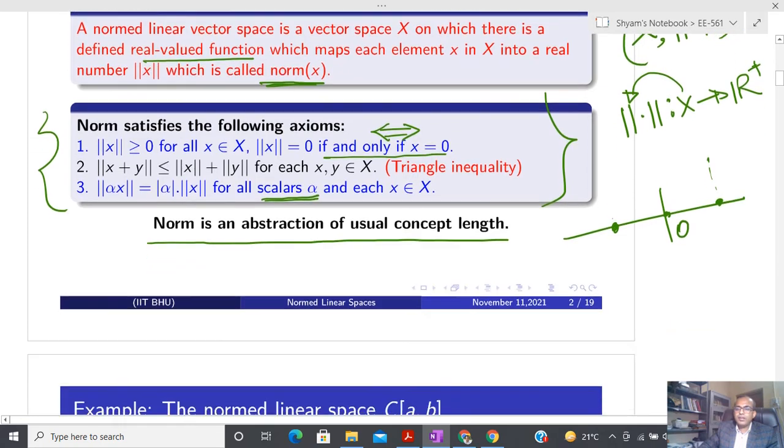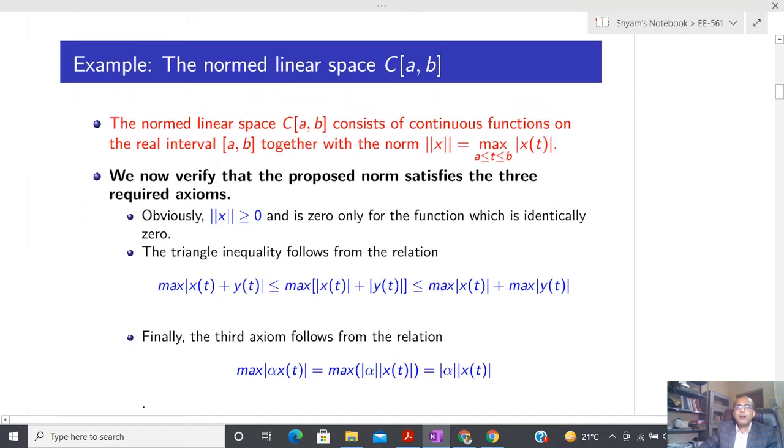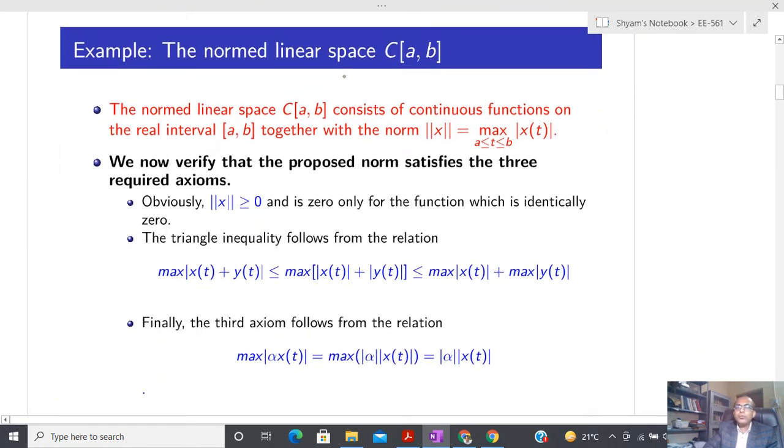Okay, let us come to some examples. First example, we have already proved that if I have some kind of continuous function on some interval a to b, then continuous functions form some kind of linear space. Why a linear space? Because I define pointwise addition and pointwise multiplication by a scalar.